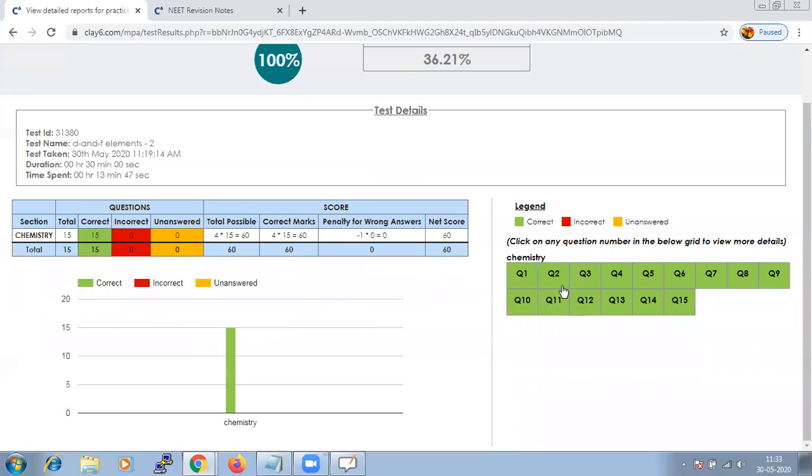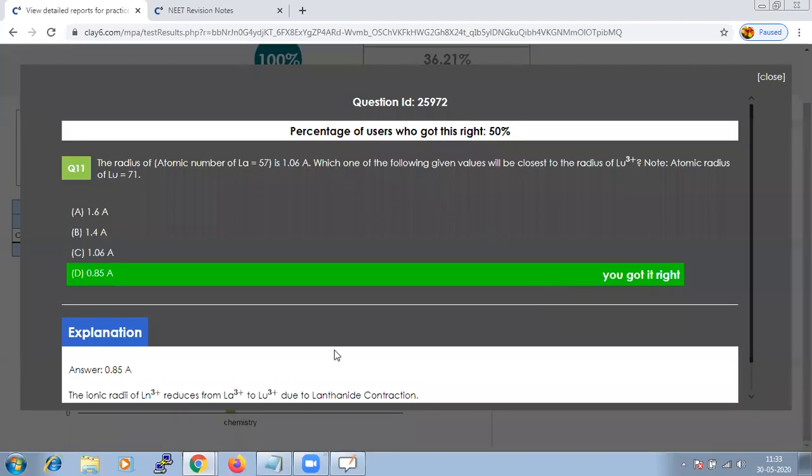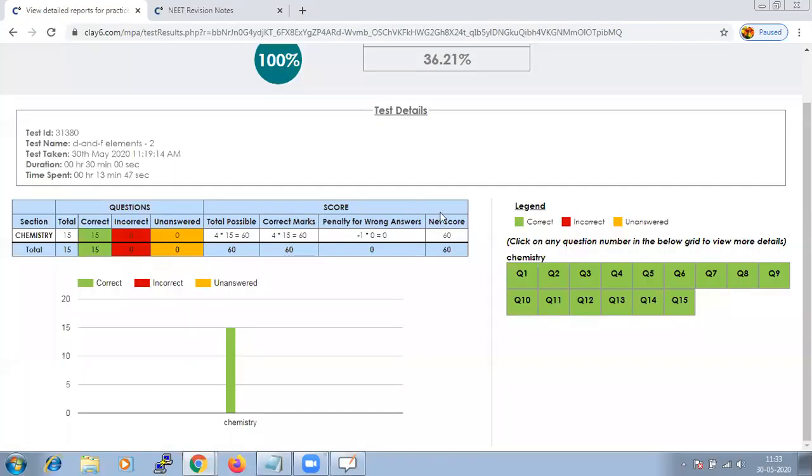The best part is, if you click on a question, it will give you the answer with an explanation of that particular question. It would be helpful for us to know the answer as well as the explanation.